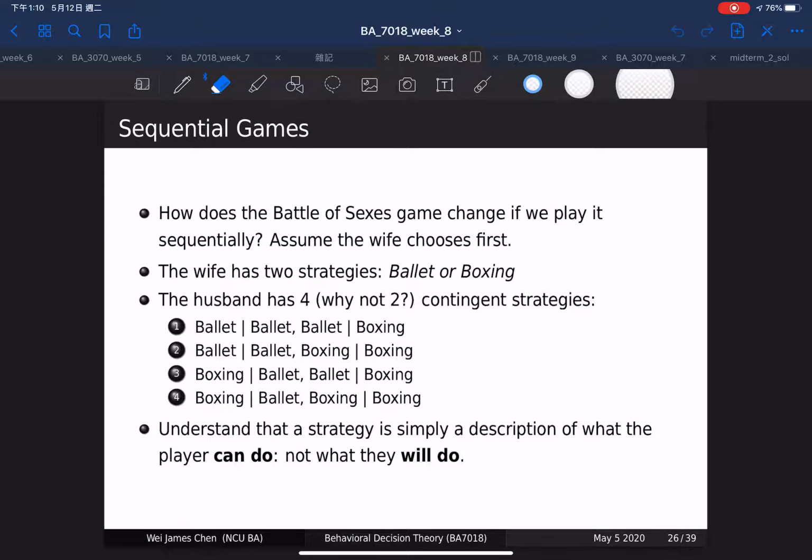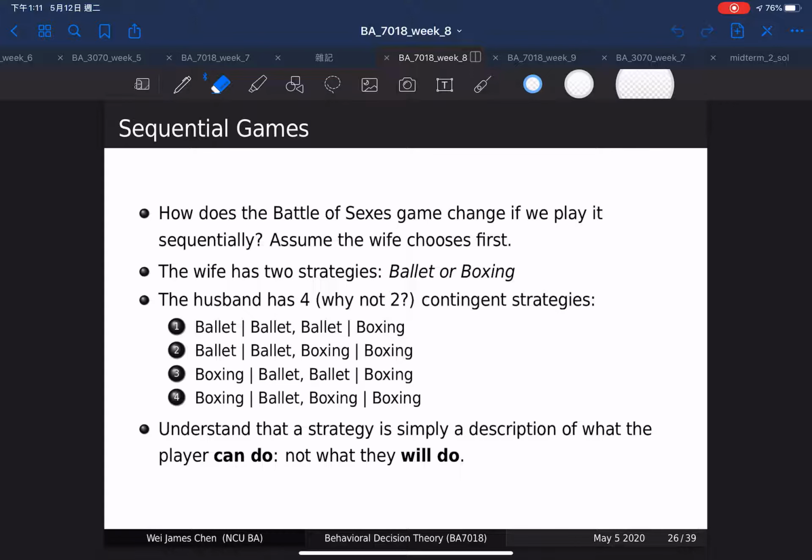The reason why the husband still has only 2 actions: his action is go to ballet or go to boxing. That's his action. But his strategy is more complicated because he can observe his wife's choice first.